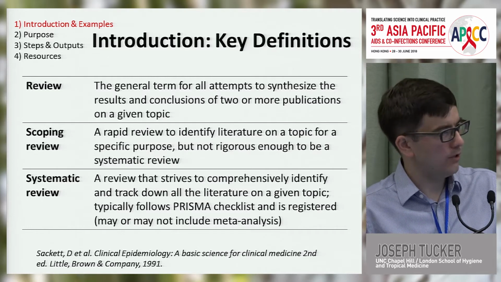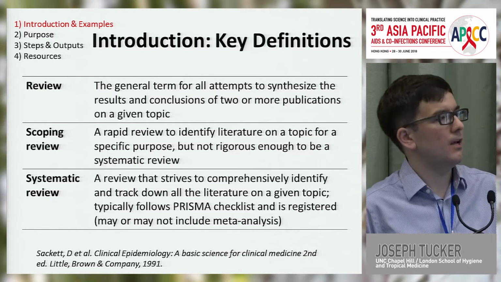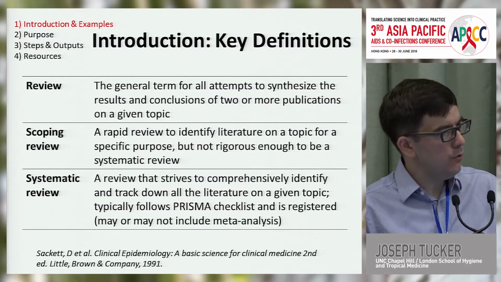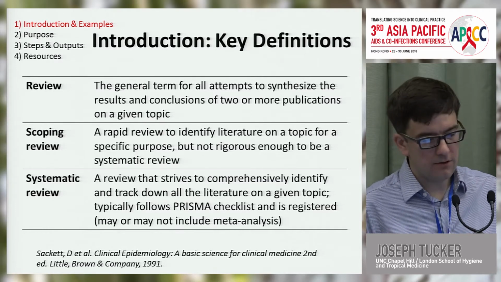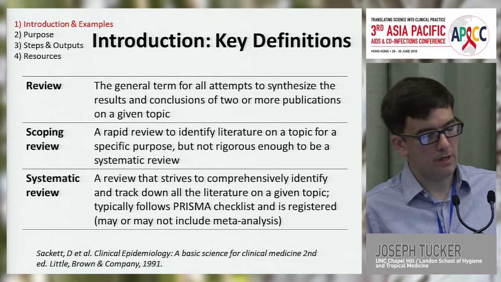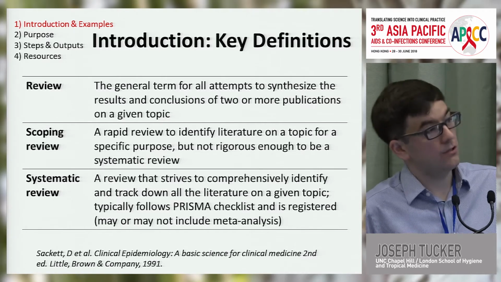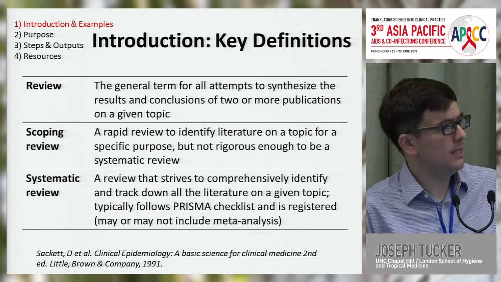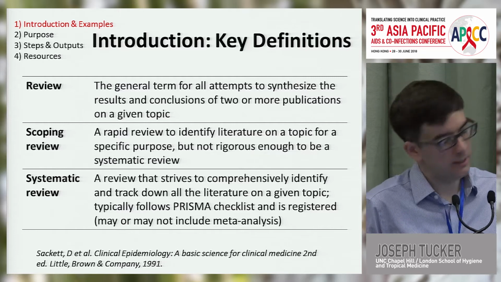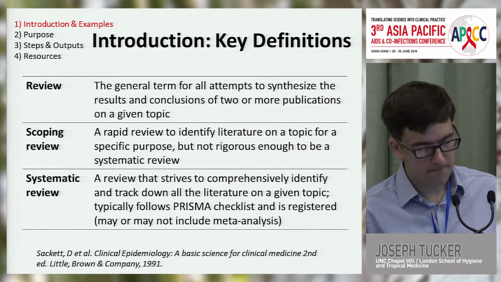And we go to what's called the PRISMA checklist, and we look, can we do all of the things that are necessary to make this comprehensive? We also register a systematic review in a database called Prospero. And we'll get to that in just a few minutes.